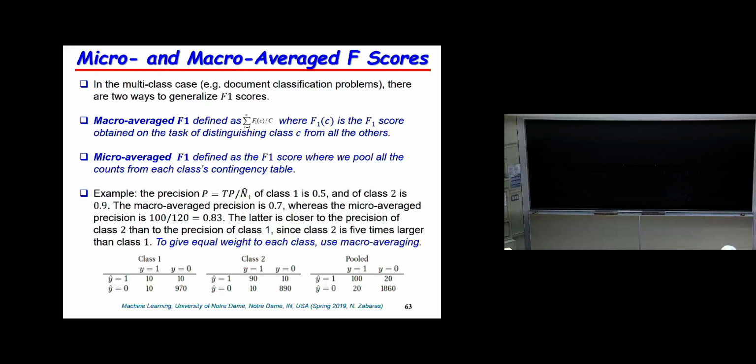So how many samples in class 1 did the classifier declare positive? 20. How many true positives do you have out of the 20? 10. So the precision for class 1 is 0.5. Similarly, for class 2 it is 90 divided by 100, which is 0.9. So the macro average precision is 0.5 and 0.9 over 2, which is 0.7.